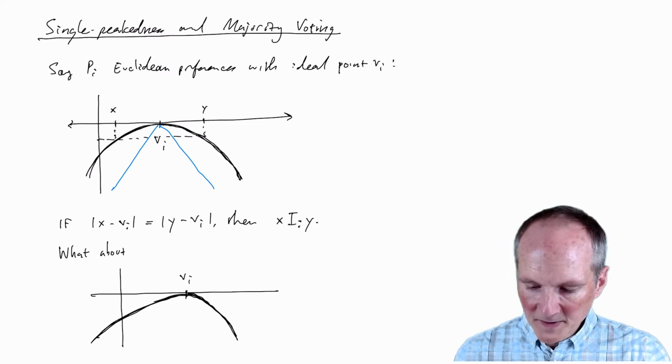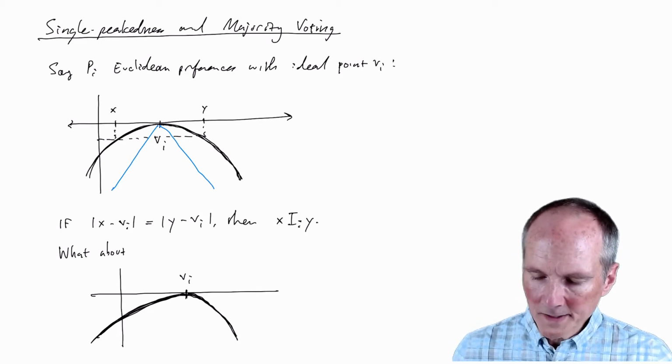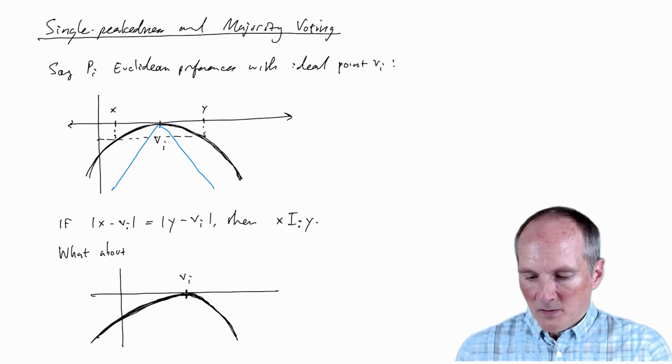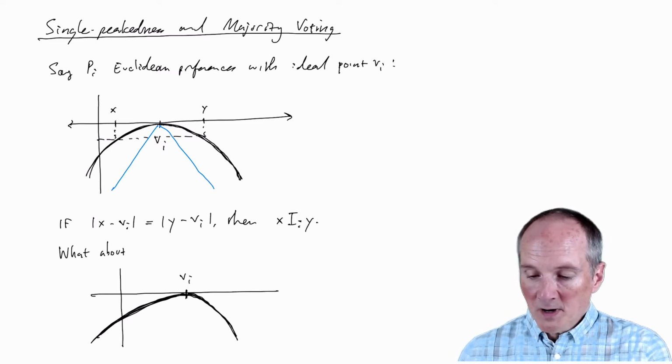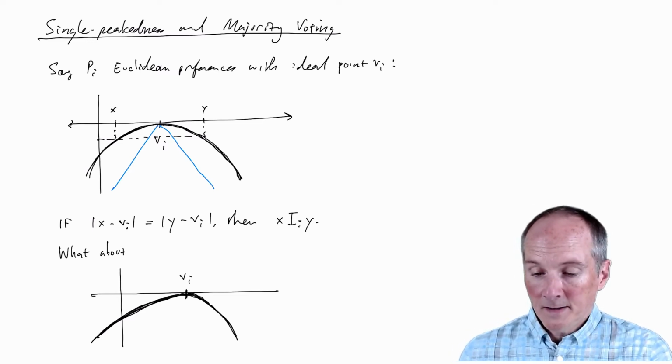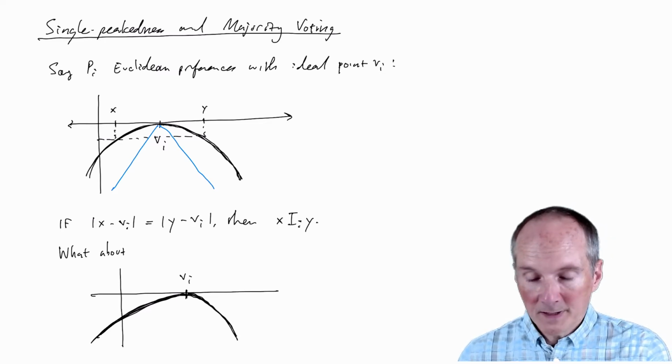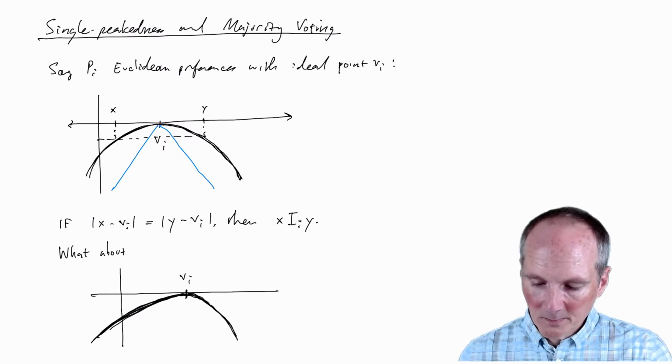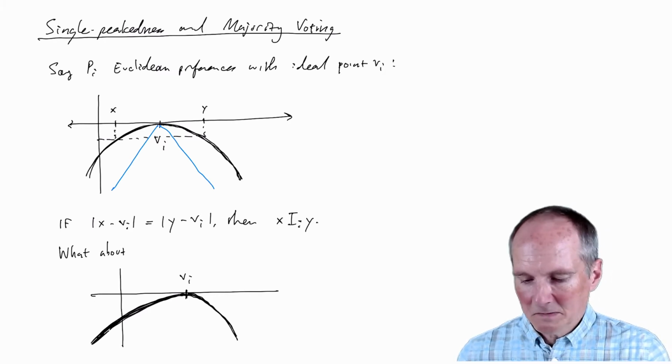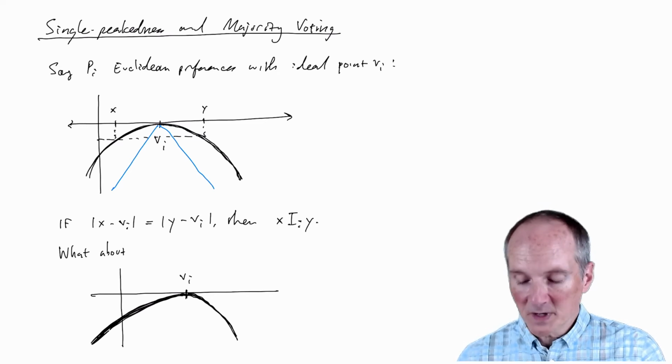It doesn't drop off as fast when we move to the left. So that would mean that for this voter, there's something about pushing policy to the right of their ideal point that impacts them in a greater way. It just has more of an impact. Pushing it to the left still hurts the voter, but just not as much.